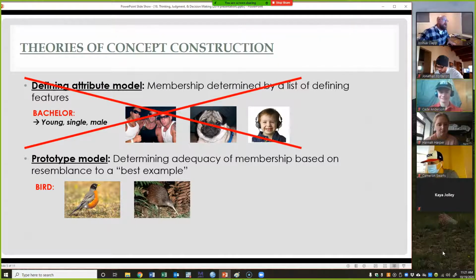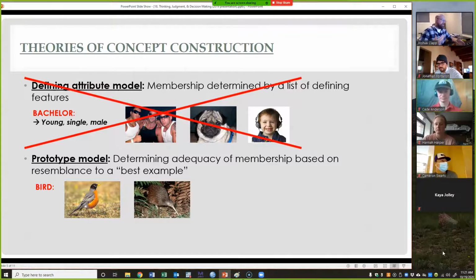So if I ask you all to think about your prototype of a game, like what's a game? If I were to ask each one of you what your prototype is for a game, wildly different things, right? But even though we have wildly different ideas of what the perfect example of a game is, we can all pretty much come to an agreement on what's a game and what's not, okay?